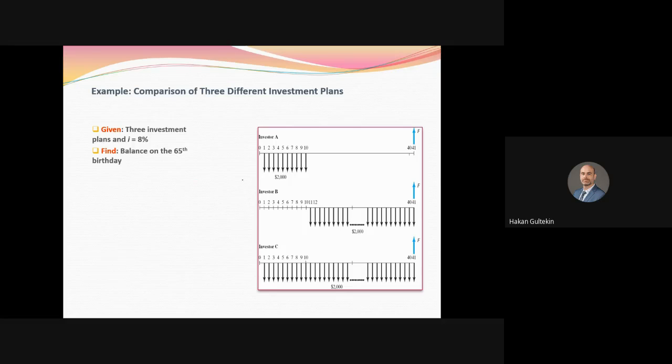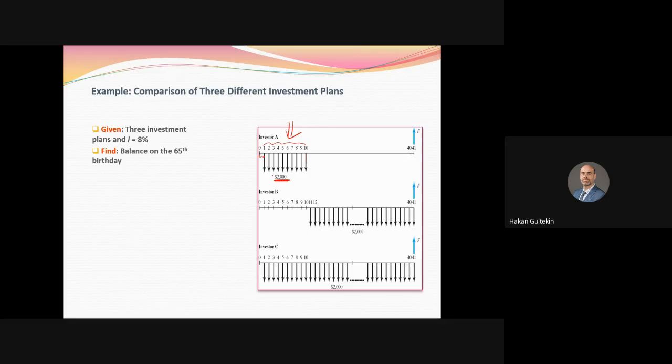In the first alternative, you will start immediately at the end of this year to deposit $2,000 into a bank account. You will continue to deposit this $2,000 for 10 years, but after 10 years, you will stop depositing.